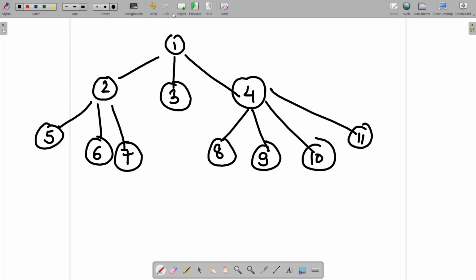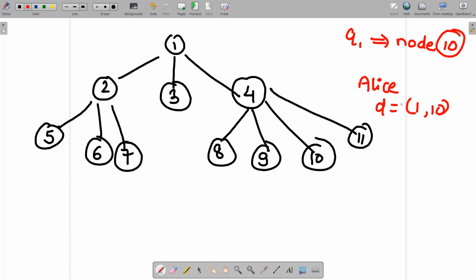So suppose in each query you'd be given some node x. Like in the first query, let's say we have been given the node 10. So this is our node 10. What Alice will do is find out the distance between node 1 and node 10.